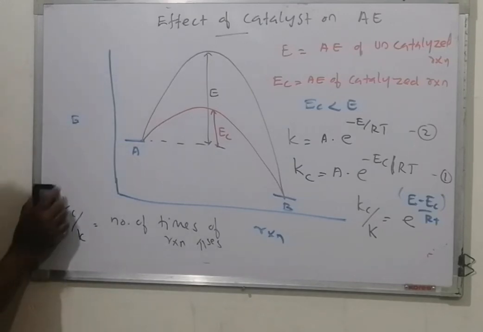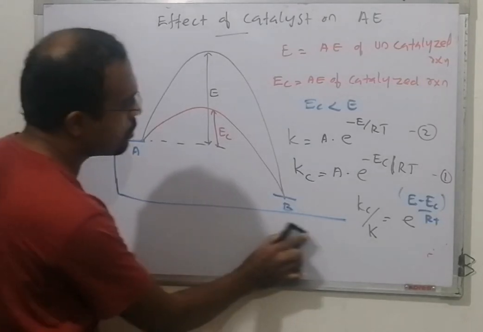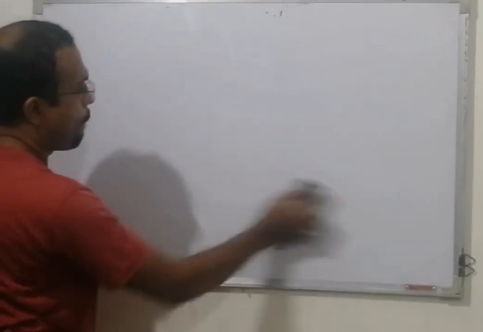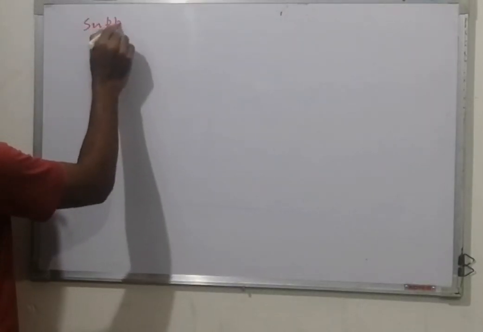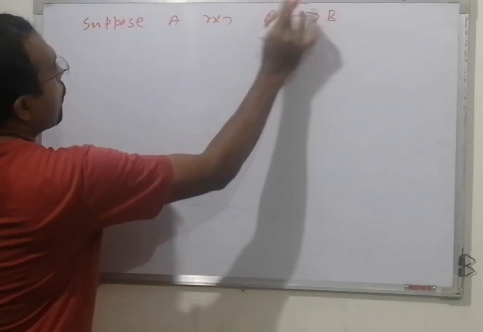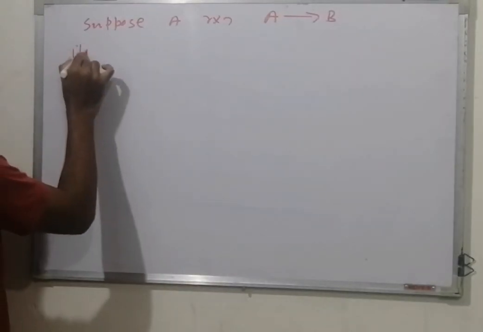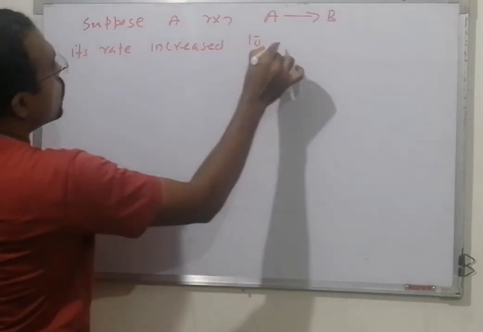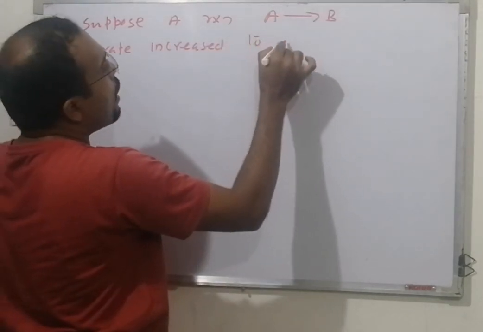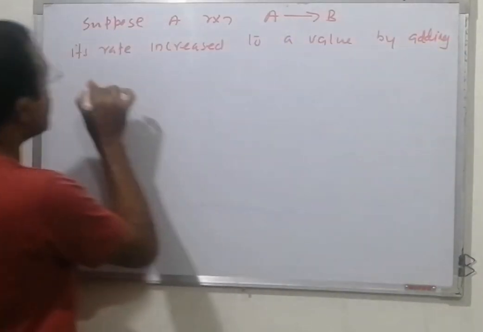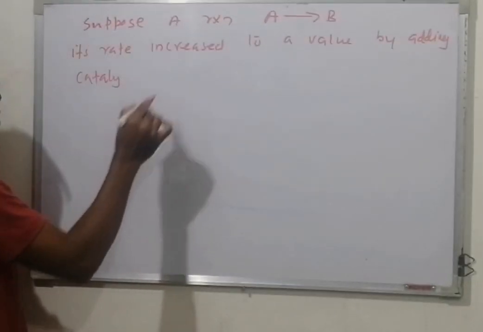Now, I go to another concept, a very important concept. Suppose a reaction A gives B, its rate increased to a value by adding catalyst. Rate or rate constant.